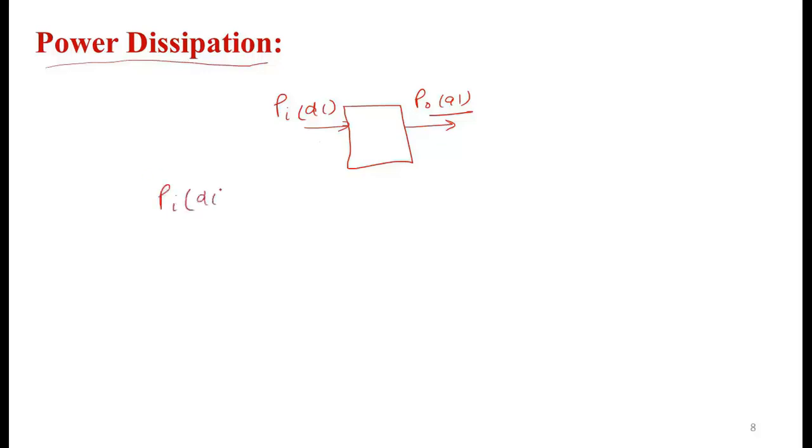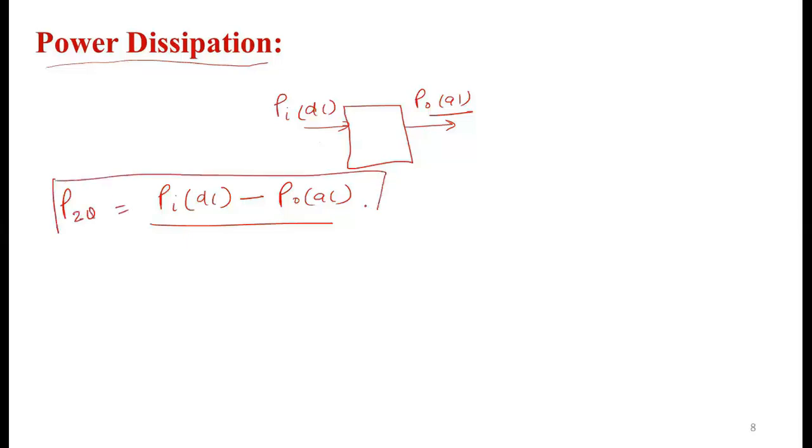We can understand it as, suppose we have this amplifier, the power which is given to the amplifier is the DC power, that is the Pi(DC), and the power which is given to the load is the AC power. For the efficiency, we divide the output power by the input power, but for the power dissipation, we subtract the AC power from the DC power given by the supply battery. The difference between the two is the power dissipated by the transistors.